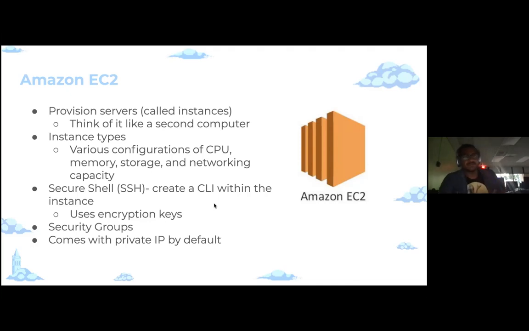And that uses encryption keys and all sorts of security measures to make sure that you're talking to those servers on an end-to-end encrypted line. Security groups, again, as I mentioned, are firewalls, but we won't get into too much of that. And each EC2 instance will come with a private IP address by default. As I mentioned, that's your identifying address, like a home address for your computer within the local network that it exists in.